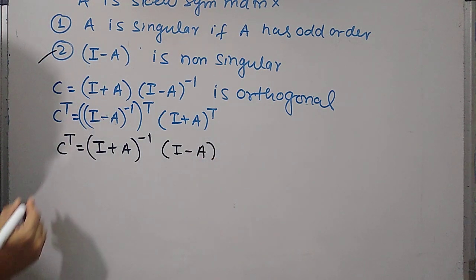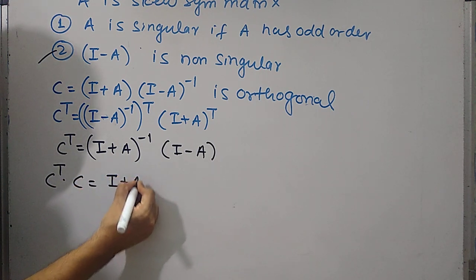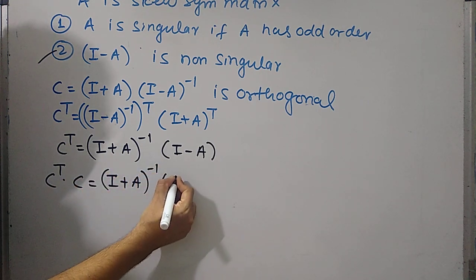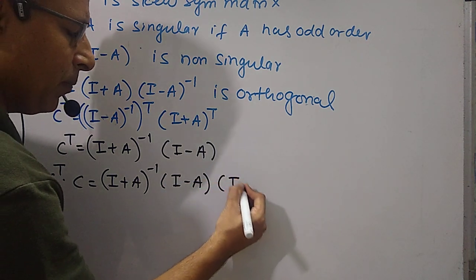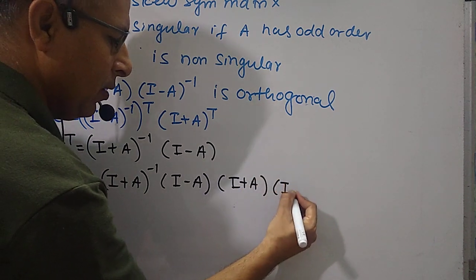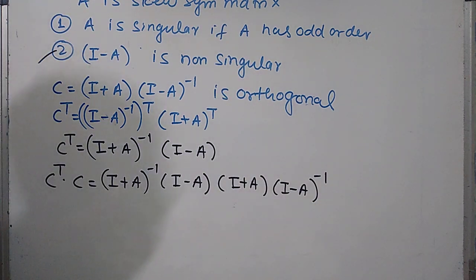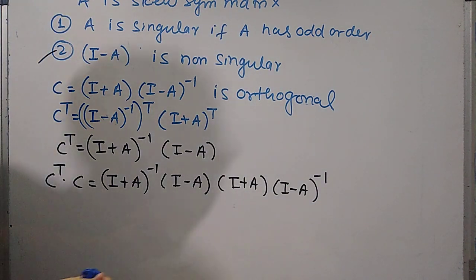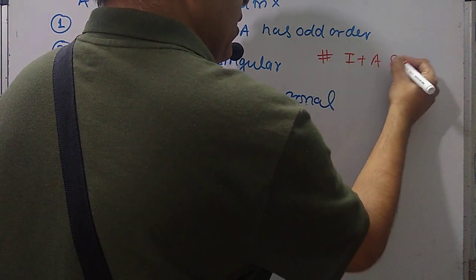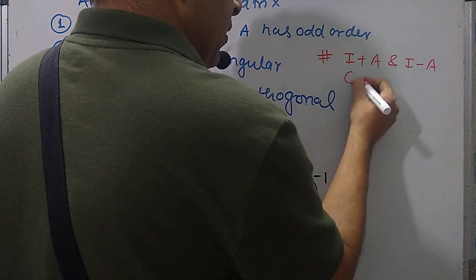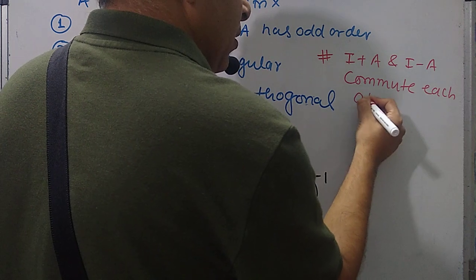Now we have to find C transpose into C. That is (I plus A) whole inverse into (I minus A), multiplied by (I plus A) into (I minus A) whole inverse. We also know that I plus A and I minus A commute with each other.